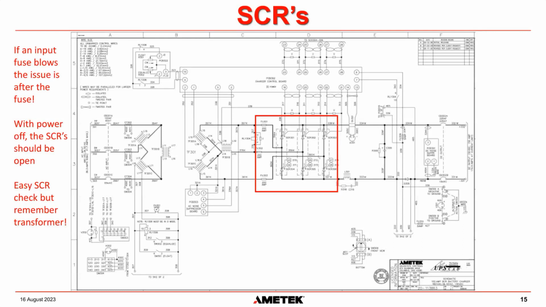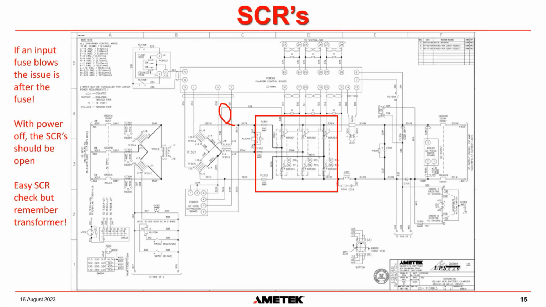With the power off, you want to see OL or open on your Fluke for good SCRs. If you see a short, then you can guarantee one of the fuses is blown. When you see an SCR that is shorted, let's say for example this SCR here, in truth that's not a problem until we switch one of the other SCRs on.